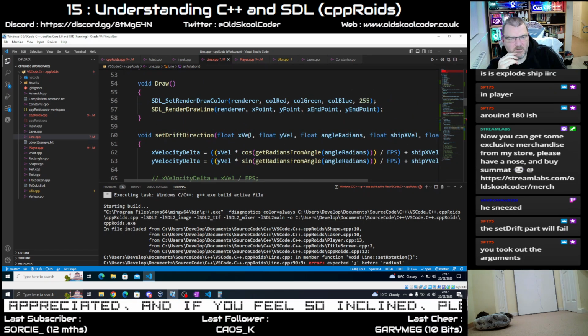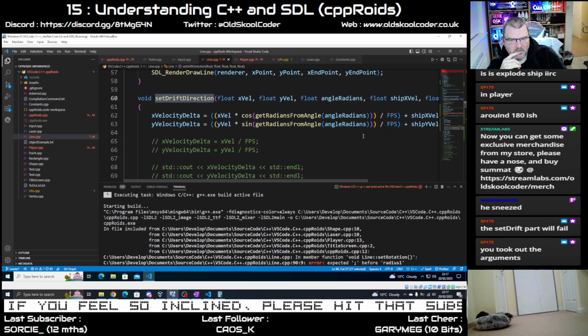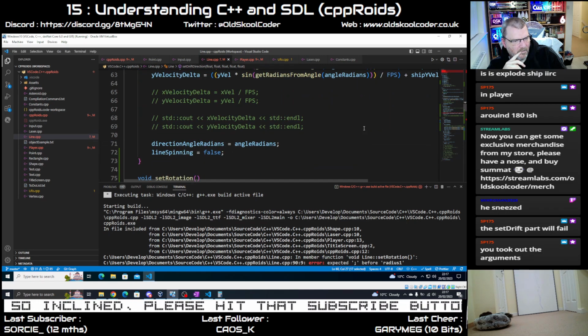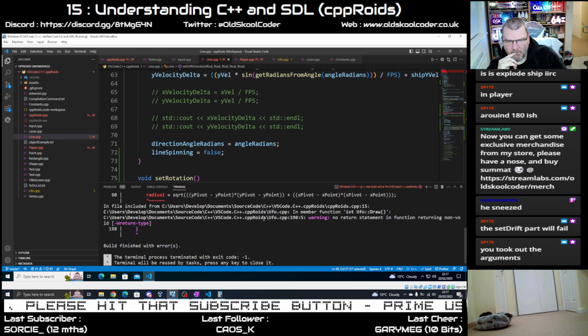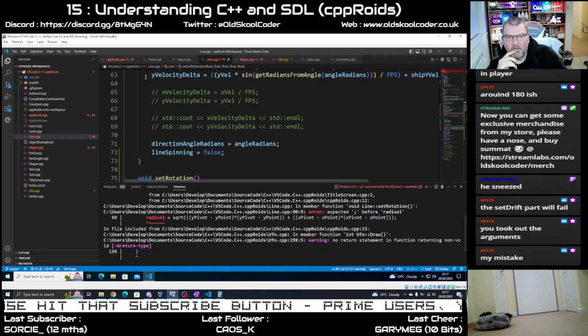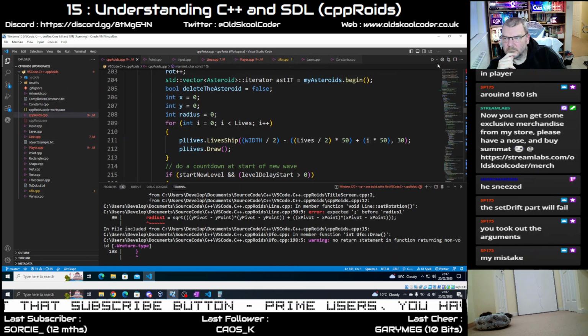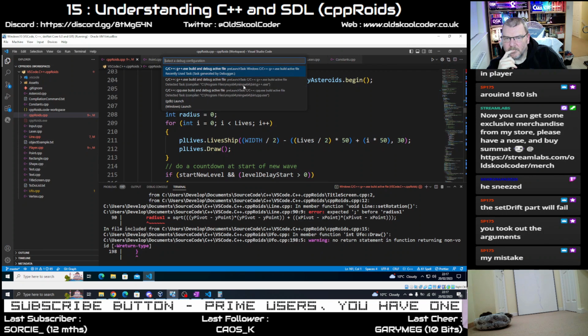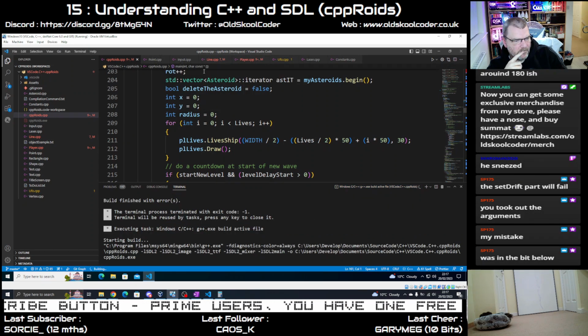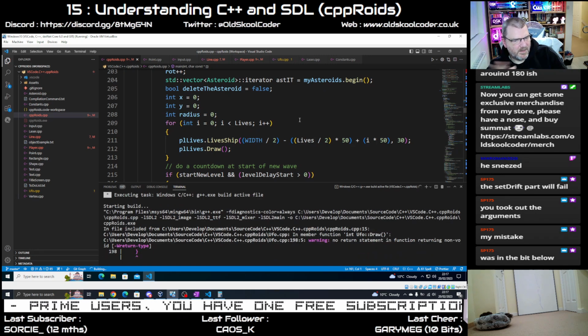I didn't take all the parameters out of the set drift. They're all there. No, I copied the routine, mate, and that's why I took the parameter list out, because I copied the routine.